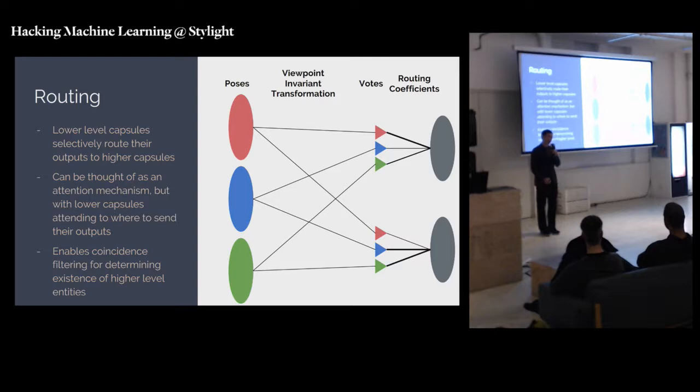And this is every capsule both on the grid, where all the capsules are the same type, and also by depth, where every capsule is a different type, looking at a different sort of object. After we get these votes, there's a routing coefficient, which shows how strongly this information is sent to the higher level capsule. So even though the vote is what we call the thing that comes out of the weight matrix multiply, the routing coefficient is what subjectively seems more like a vote.